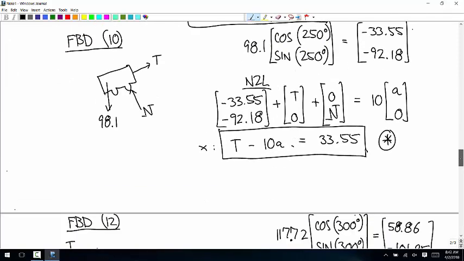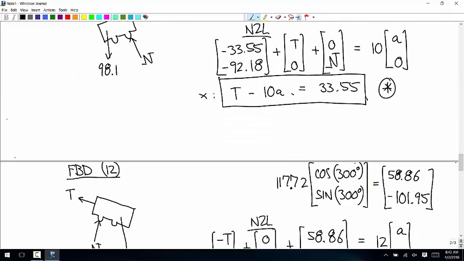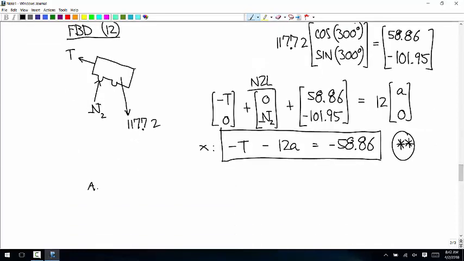So now we have two equations for two variables. So if we add up star and double star, the T's go away.